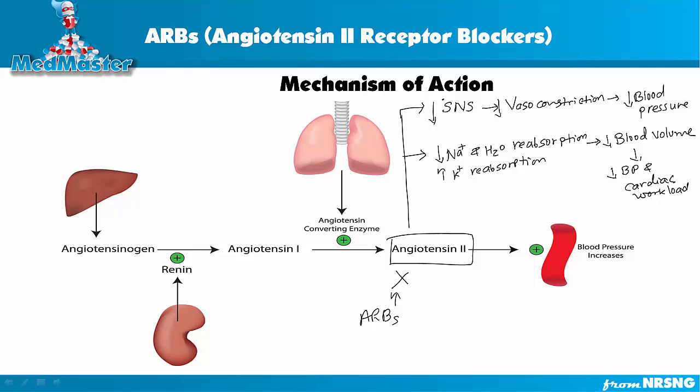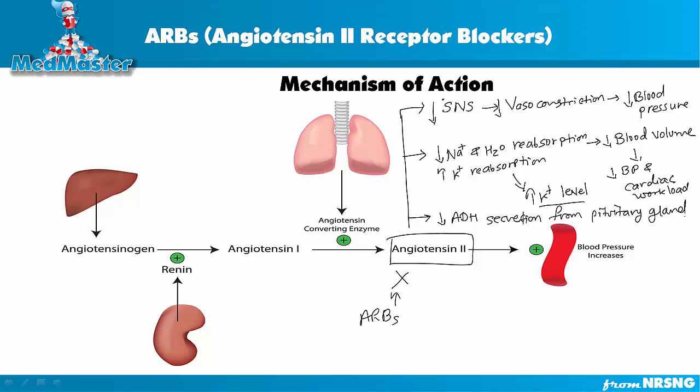Now, this at the same time also increases the potassium reabsorption. When it increases the potassium reabsorption, it can increase the potassium level in our body. We need to keep this in mind, and this will help us to understand what side effects this medication is going to have. Now, it's also going to decrease the ADH secretion from the pituitary gland.